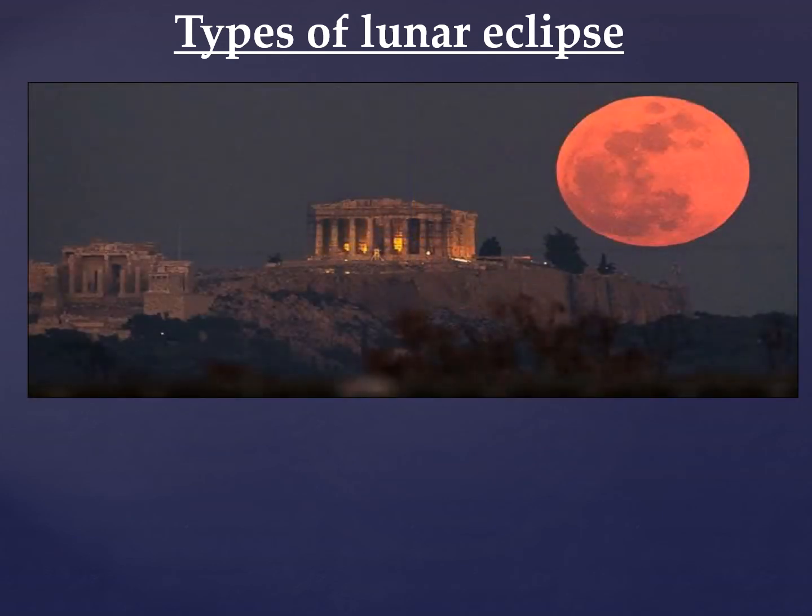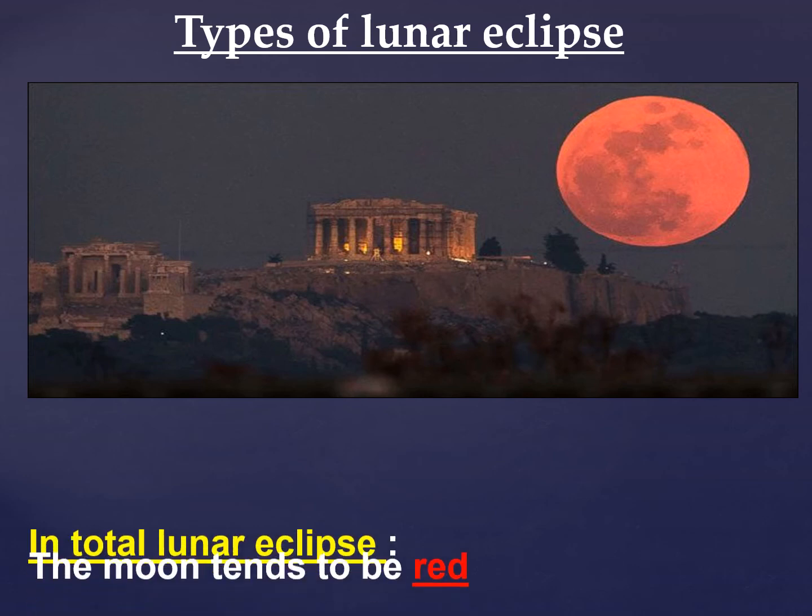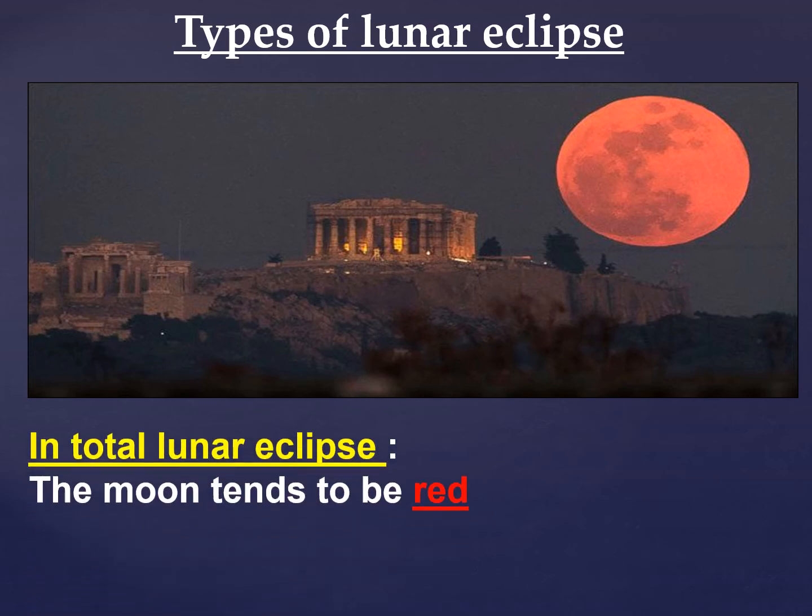During the start of total lunar eclipse, the color of the moon tends to be red. Do you know why? For sure, the reason for this color is that the Earth's atmosphere doesn't absorb infrared rays coming from the sun and refract them on the moon.